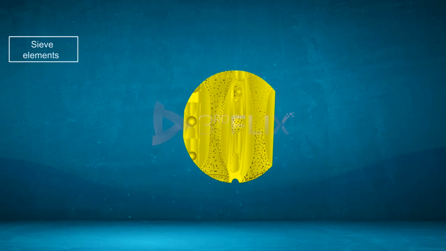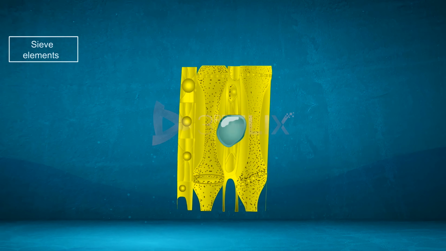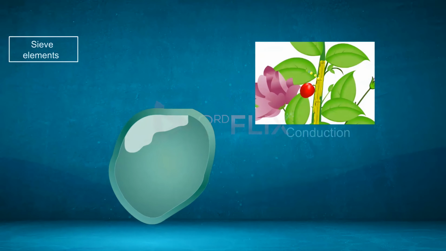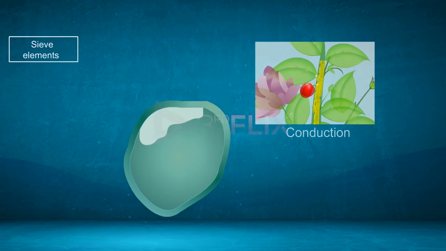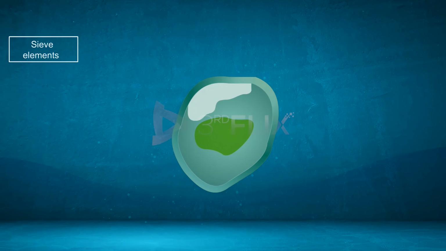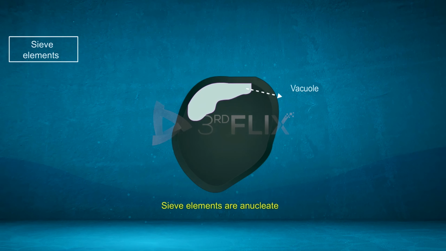Sieve elements. Sieve elements are the main conductive cells of the phloem. The nucleus here disintegrates on maturity, and hence we say that sieve elements are anucleate. It consists of a vacuolated protoplast.